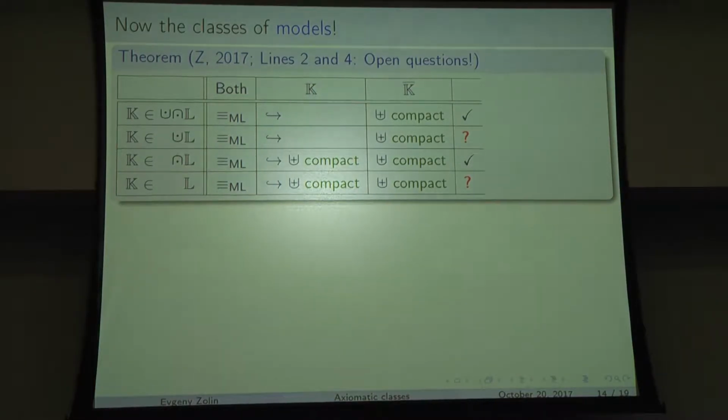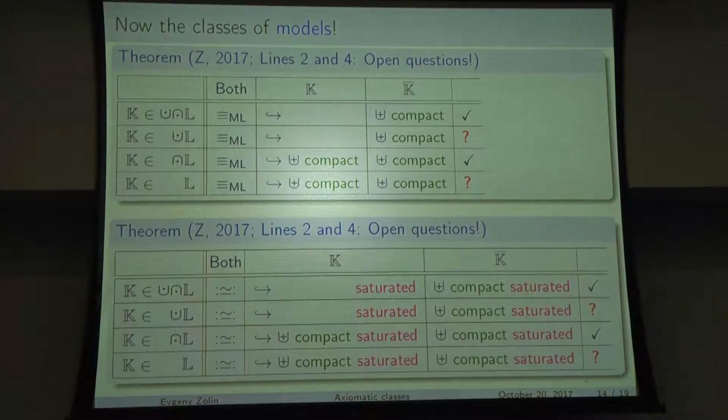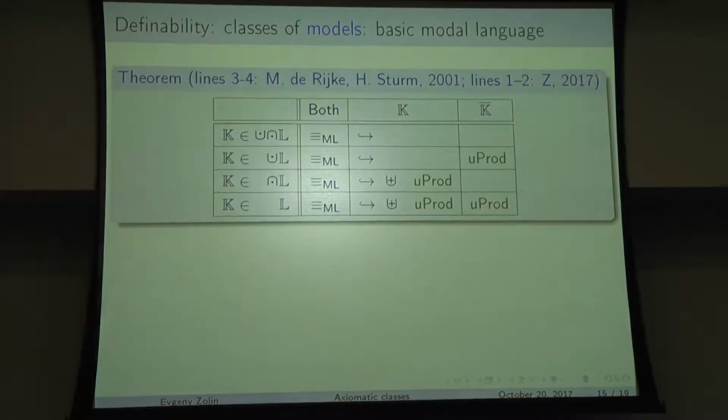And again, if we switch to bisimulation, we add saturatedness in every cell, but again, only lines 1 and 3 are obtained, while the other two lines are not complete criteria. Nevertheless, if we formulate the criteria in terms of ultraproduct, if we use the ultraproduct operation to give the criteria, then we can find all the criteria for all four lines.